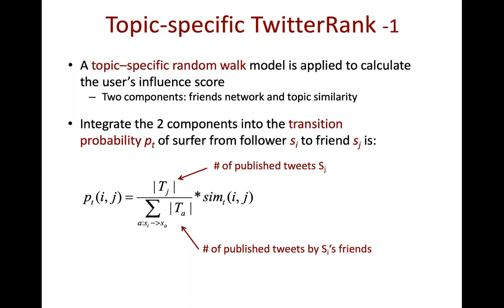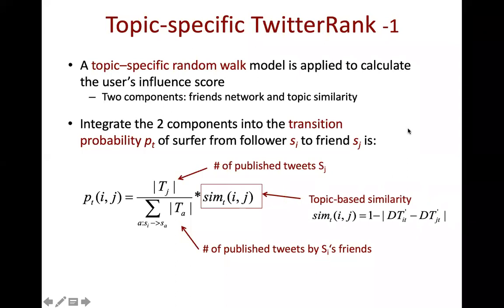This probability can be defined as you can see on the slide. You can see more details in the paper. The topic-based similarity is defined in the second part of this equation, just in the way I described earlier, but with one minus to convert the distance function into a similarity function.